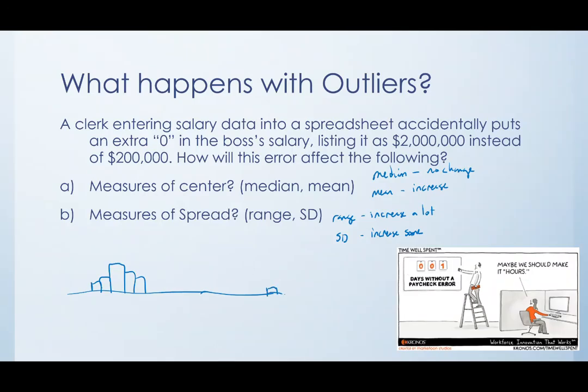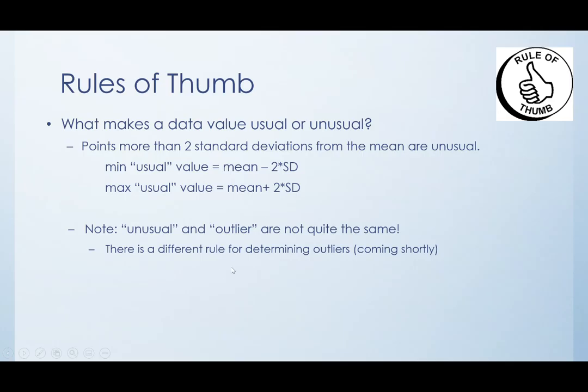So obviously my spread is way increased. My range is increased a huge amount. My standard deviation, my average distance of all the data points to the mean, has increased some. Okay, so let's stop this one here, and we'll talk about z-scores next.